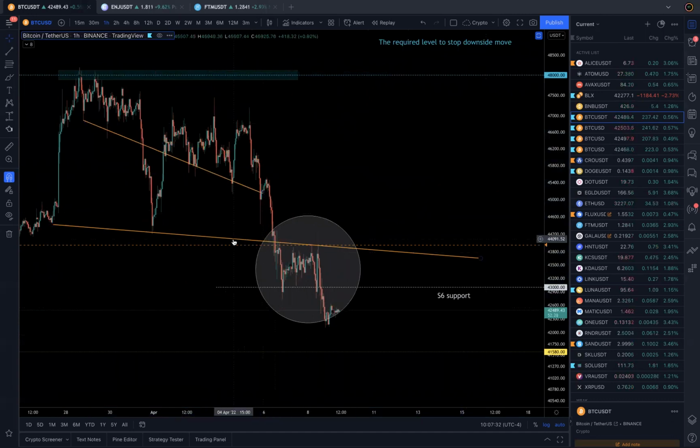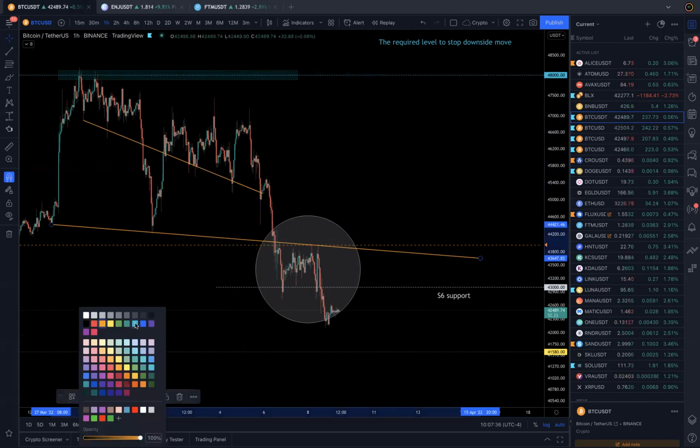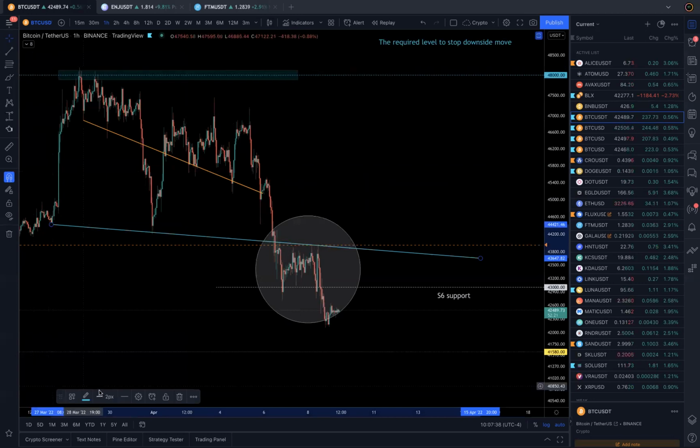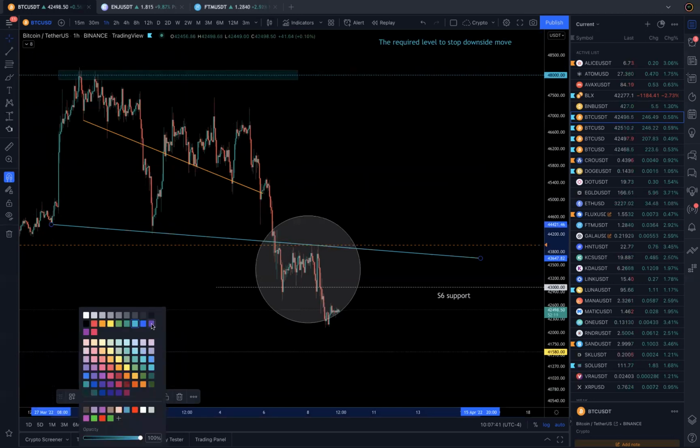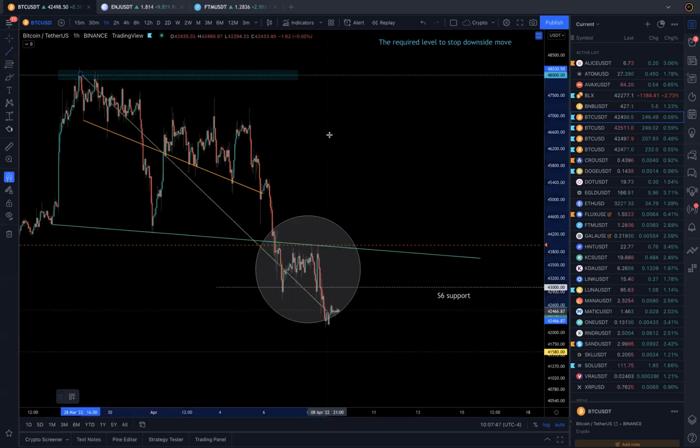Like this. I should change the color of this to avoid confusion, a different color. Green. Okay, so I had something like this.